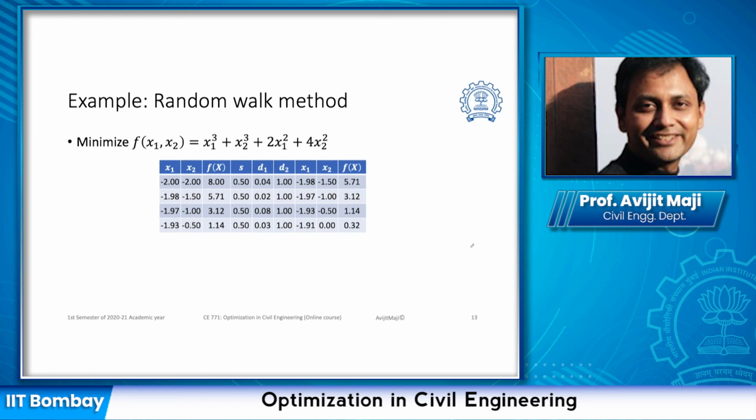Now the same problem we'll look into with the random walk method. It's the same objective function, and in this case we need a start point. For that we set up a start point as -2, -2, and when we evaluated the objective function it was 8.